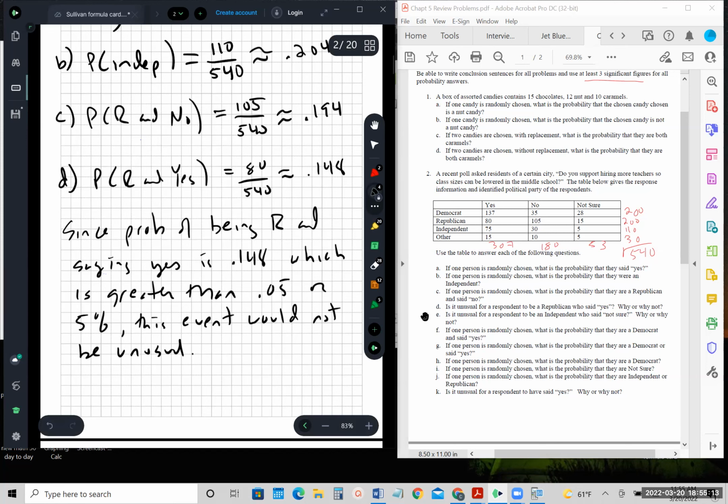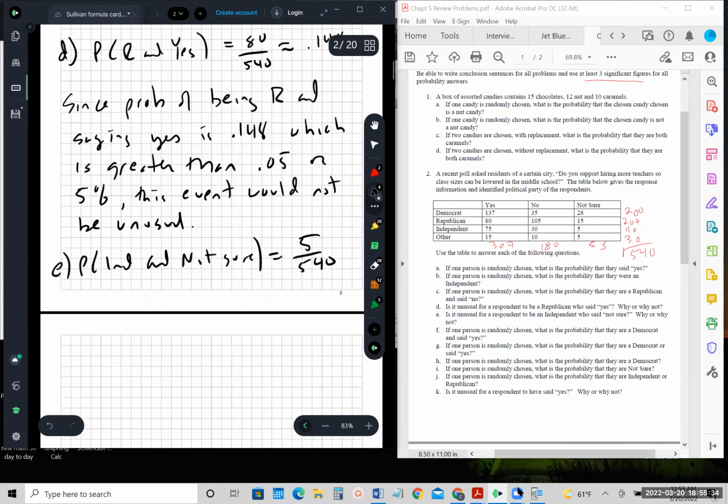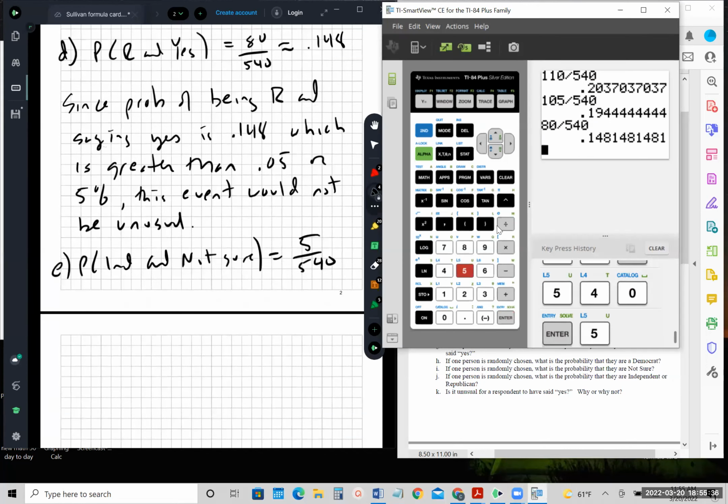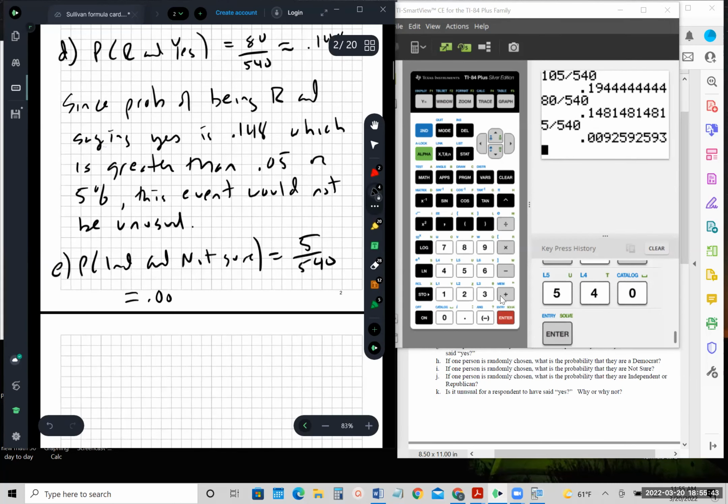So part E would be, is it unusual for a respondent to be an independent who said not sure, why or why not? So for part E, we could do the same thing. The probability they're independent and said not sure is 5 out of 540. So I would do 5 divided by 540, and I would get 0.009, which is less than 0.05.